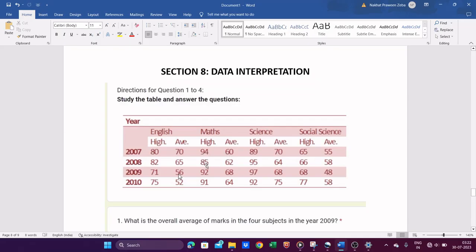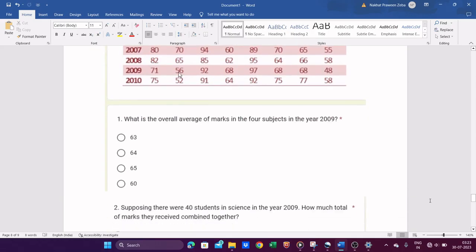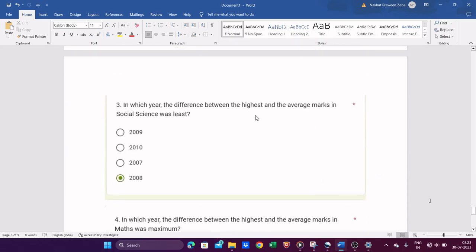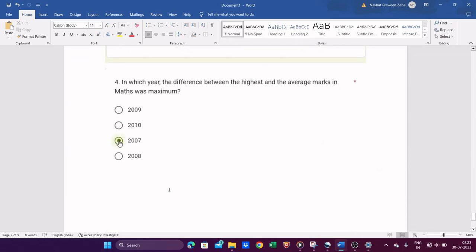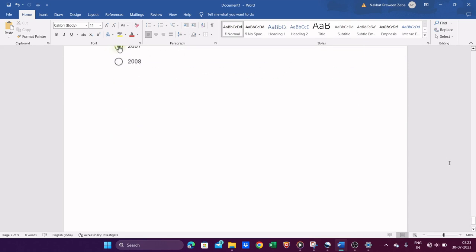Then again you need to calculate 85 minus 62, which is lesser than the first one, and 92 minus 68 is again lesser than the first one, and 91 minus 64 is again lesser than the first one. So the highest will be 2007. Okay, 2007.